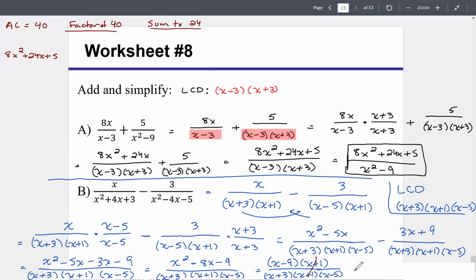So we can take out that x plus 1, and what I'm left with is x minus 9 over (x plus 3)(x minus 5). Or we can say x minus 9 over x squared minus 2x minus 15.